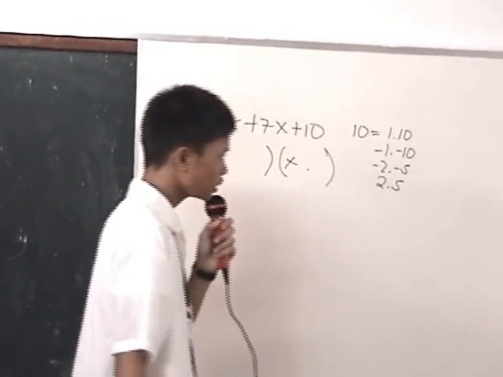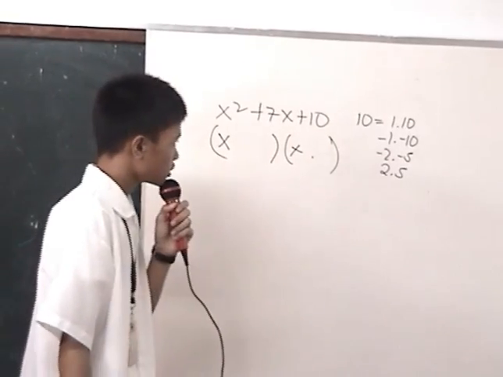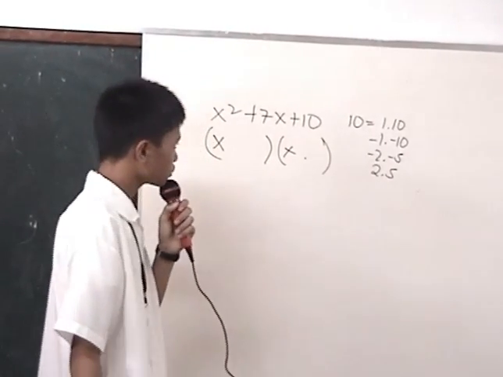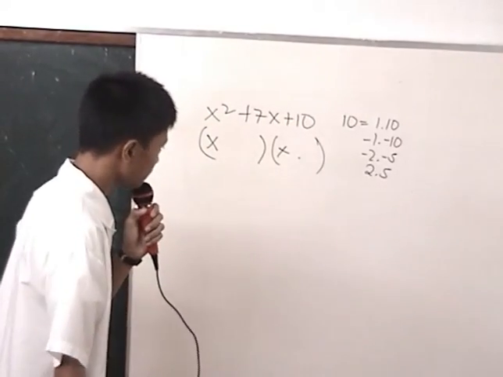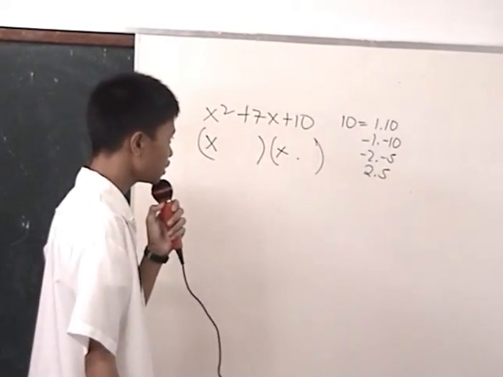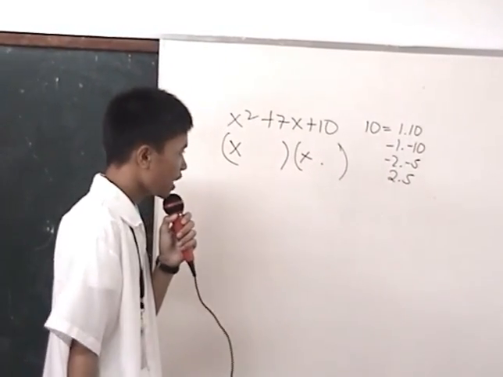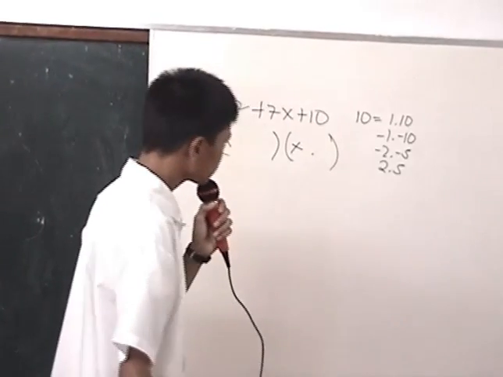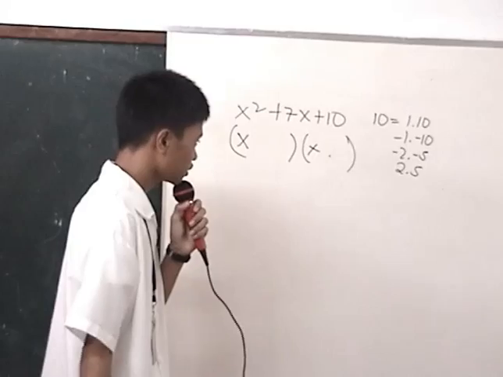To know which of these factors are correct for the given trinomial, let's make the middle term as our basis. The sum of the factors of the last term should be equal to the constant of the middle term.